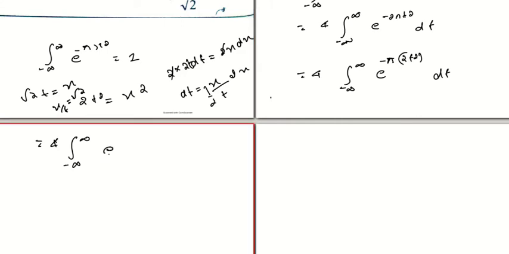So instead of e raised to minus pi x square, so instead of 2t square I am going to write x square into dt. Instead of dt I am going to write 1 by 2 into root 2 dx.